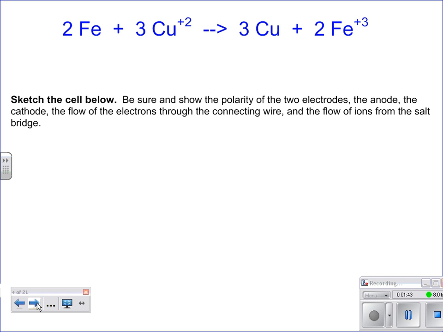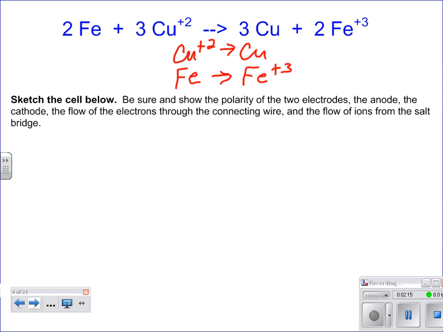Here we're going to sketch our cell. I reminded us of what our overall reaction is. I can even do my two half reactions as well. Let's do the unbalanced: Cu plus 2 going to Cu, and then Fe going to Fe plus 3.